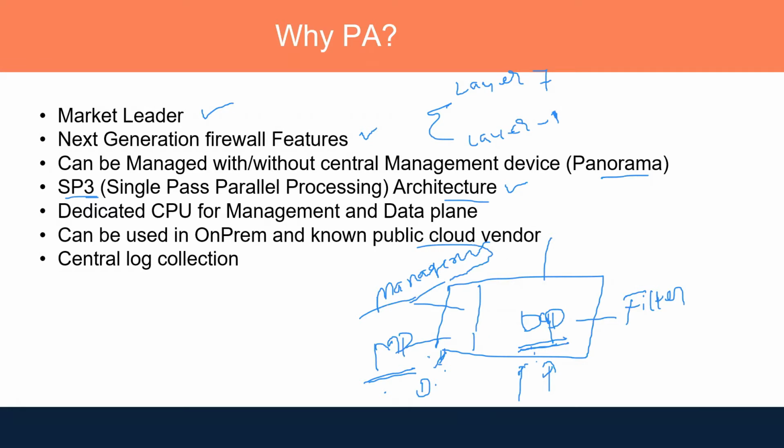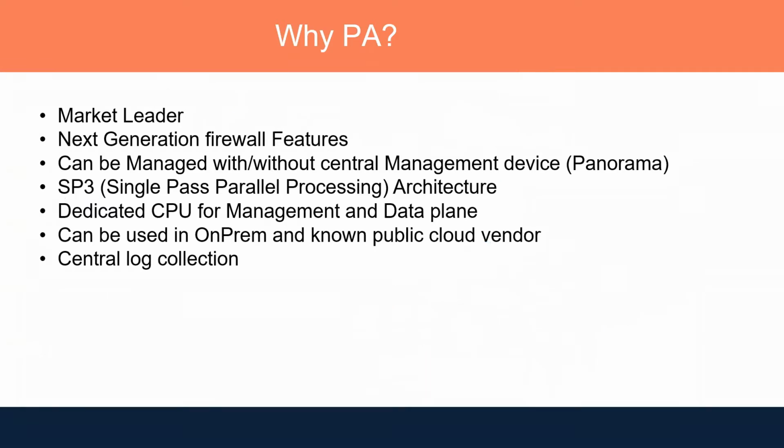So that's the benefit. Another thing: you can use a Palo Alto firewall on-premises and on public cloud vendors. That means you can install this Palo Alto firewall in your on-premises data center, as well as on the cloud. And this Palo Alto firewall also supports central log collection.